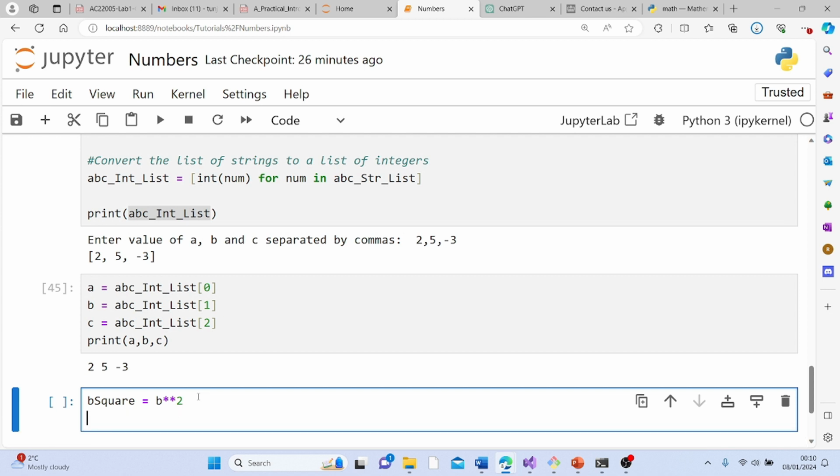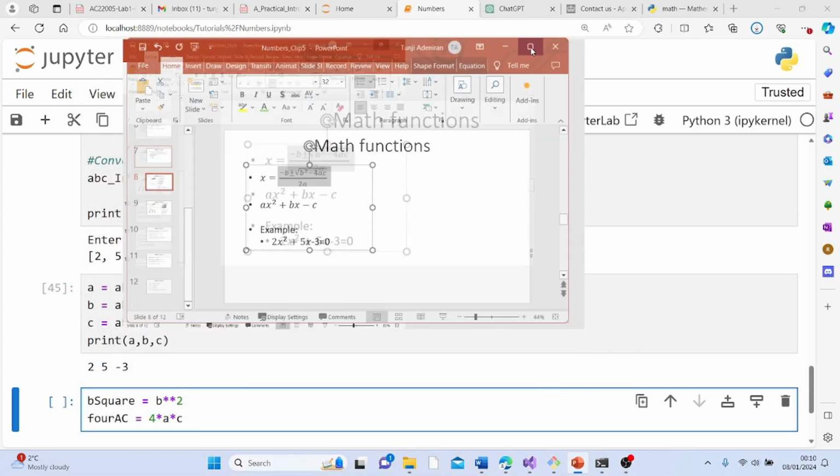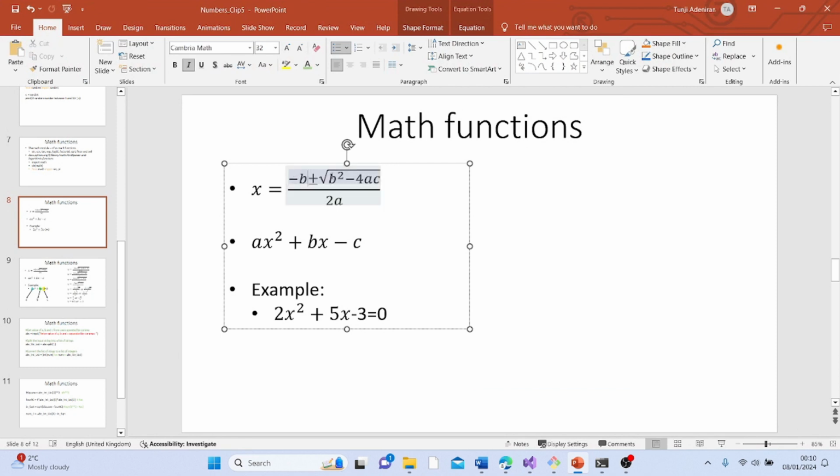And we have 4ac, which is 4 multiplied by a multiplied by c, right? So we have those two computed. We have this b squared done, and we have this 4ac done.